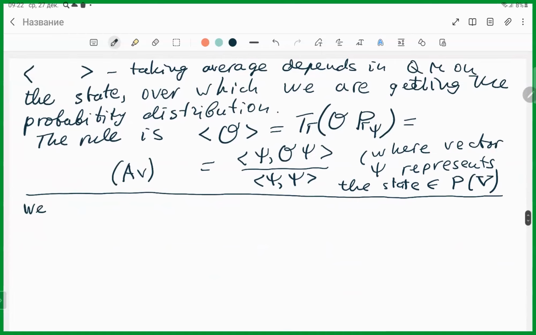Now we will look at states of minimal dispersion.